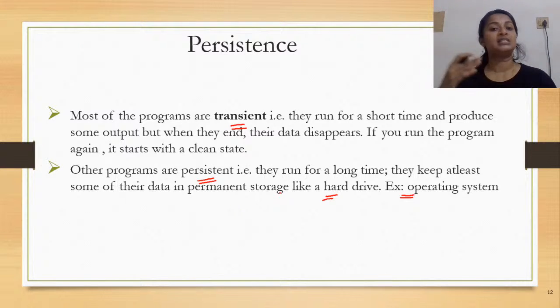Persistence means it is going to stay for a longer period of time. For such things, we cannot use RAM, because RAM is a volatile memory. Whenever the power gets switched off, everything inside the RAM gets erased. And the size or capacity of RAM is very small.